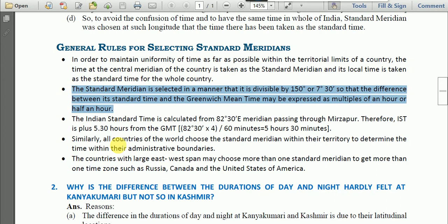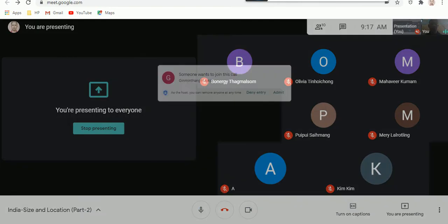So to get the difference between the standard time of a country and Greenwich Mean Time in multiples of an hour or half an hour, the standard meridian selected must be divisible by 15 degree or 7 degree 30 minutes. Greenwich, you know, is 0 degree longitude, which passes through England.